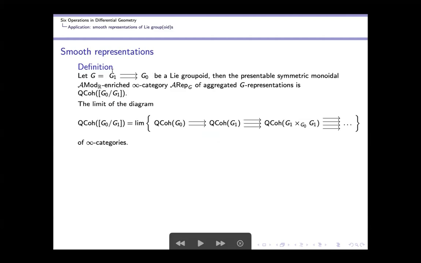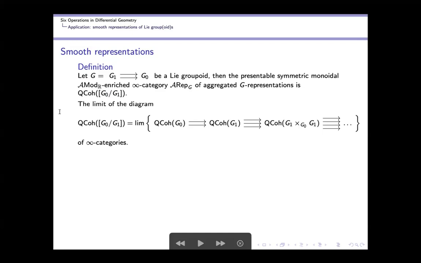So G0 and G1 are manifolds. And its quotient G0 modulo G1, that's a stack in the world of smooth geometry. And since QCO is now a functor that takes in such objects, I can just evaluate QCO on this stack. And that's by definition the category of representations of this groupoid.